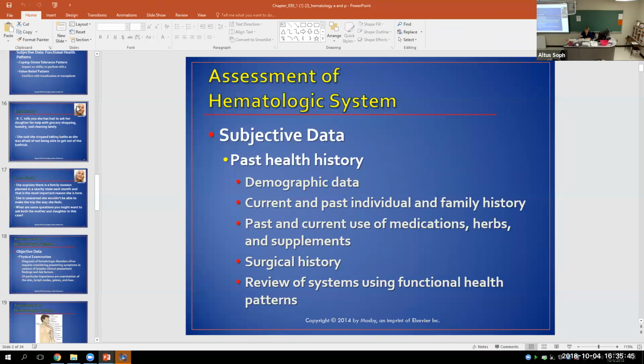Versus if somebody comes in with a gunshot wound, they're going to be feeling the effects of that low hemoglobin and hematocrit very quickly. But keep this in mind. If somebody comes in with a gunshot wound, and we draw their blood right at that minute, when the gunshot was like 10 minutes ago, they are losing a lot of blood. But when you draw their blood right then, is their H&H going to be low? No, because nothing has happened to change the volume yet.